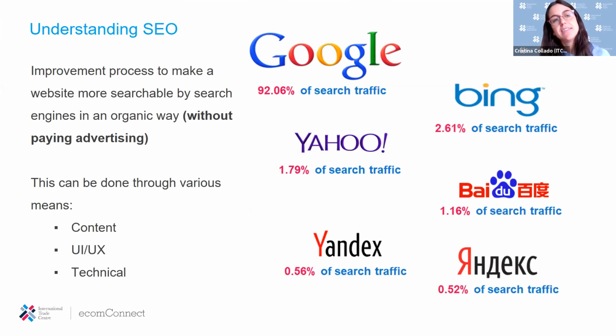And now let's start getting a bit more information about SEO. As we were mentioning before, search engine optimization is a process to make your website more searchable through organic search, so without paying. This can be done through content, through UI UX, and through technical elements.